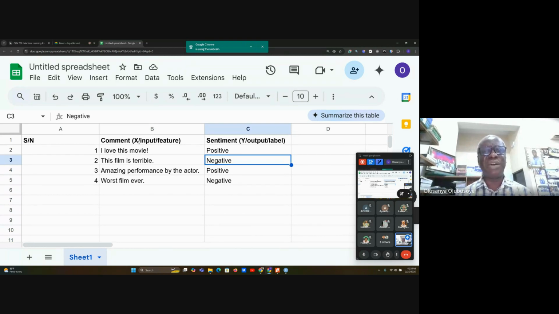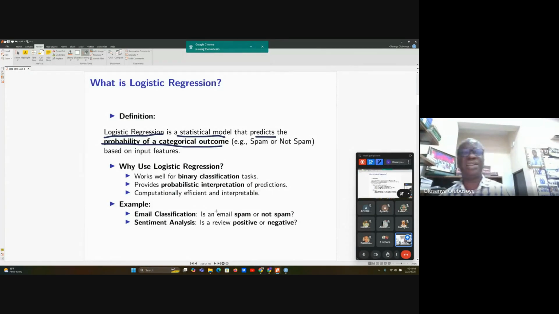But when we talk about the input, the features, they mean the same thing, but they are also generally independent. Sentiment depends on them. So they are independent because these comments are made independently.